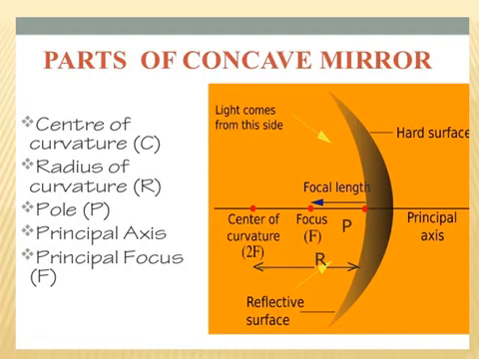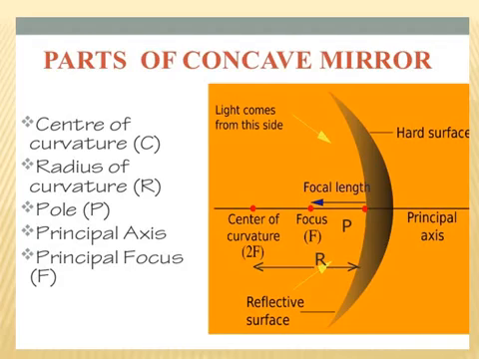On the principal axis you have three red dots. The dot on the mirror represents the pole of the mirror, P. To the left of it is another red dot representing the focus, or principal focus. The next one is the center of curvature. So the pole, focus and center of curvature all lie on the principal axis.